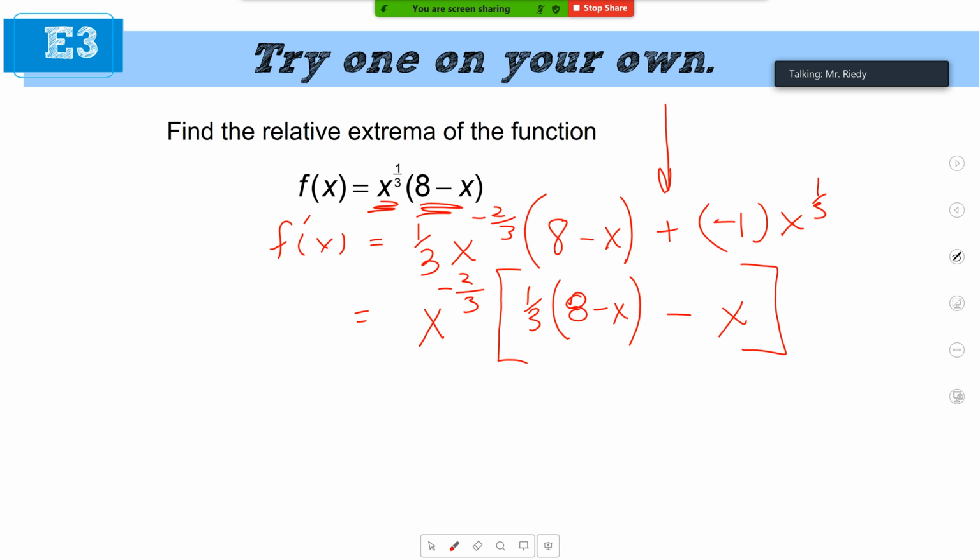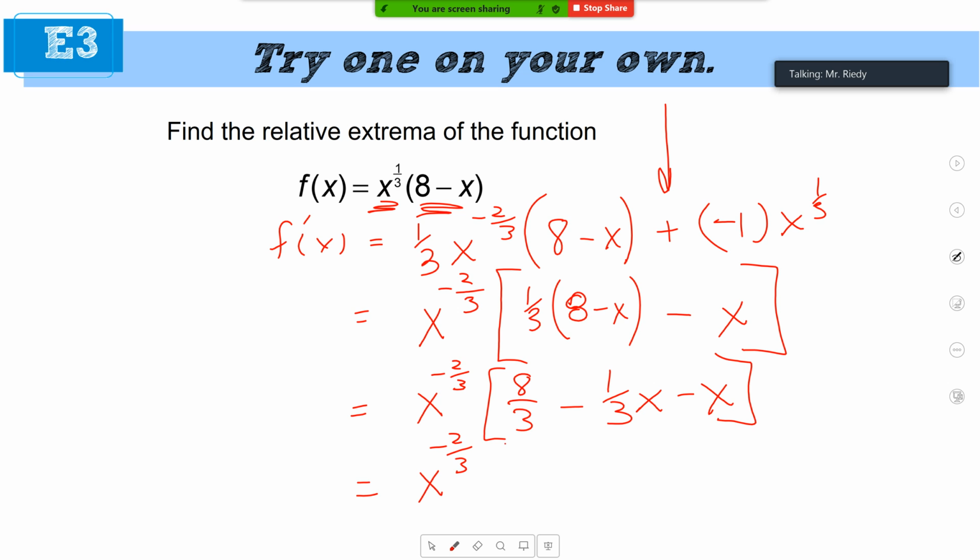And remember, the reason that's x is because x to the 1/3 divided by x to the -2/3 is 1/3 minus -2/3, which is positive. x to the -2/3 times 8/3 minus 1/3 x minus x gives me x to the -2/3 times 8/3 minus 4/3 x.